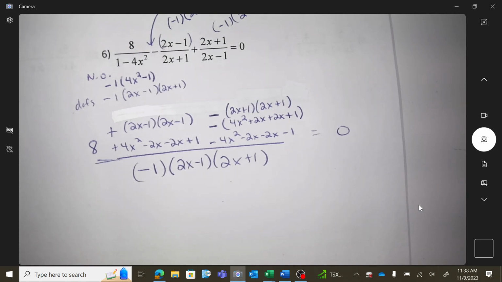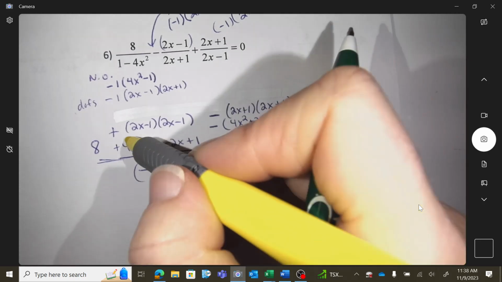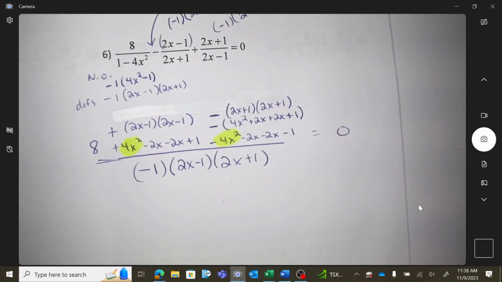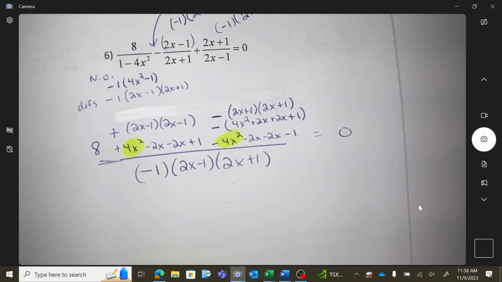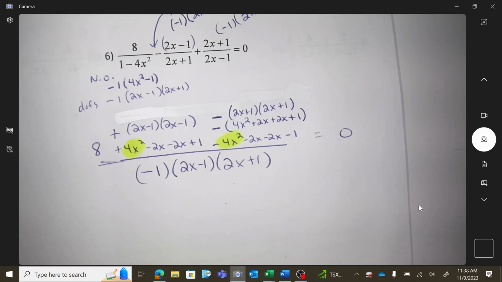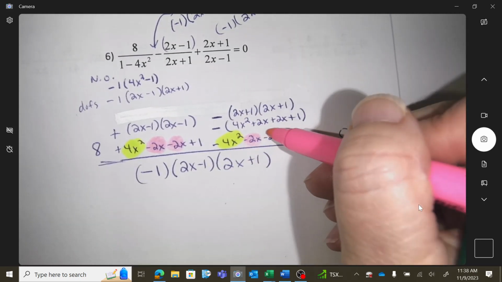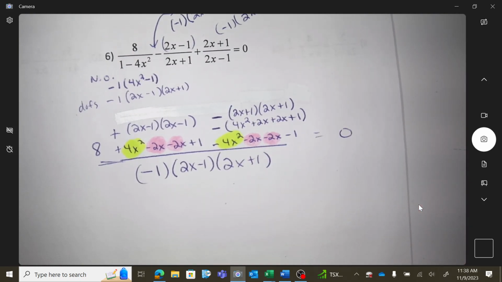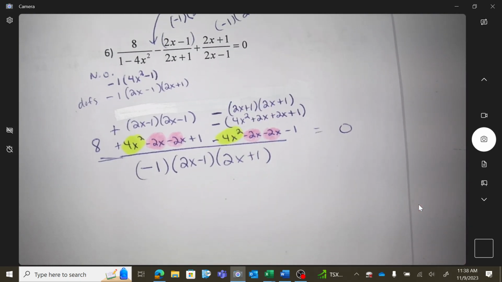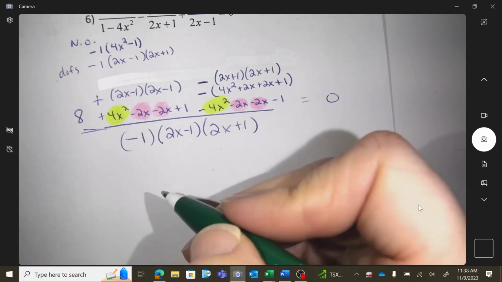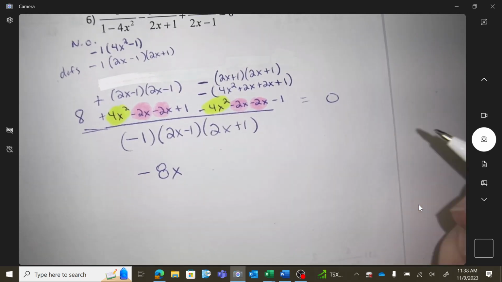Okay, let's go x squareds grouped together first. What happens there? Gone, right? Let's do x's grouping together. How many x's do you find there? -8x.